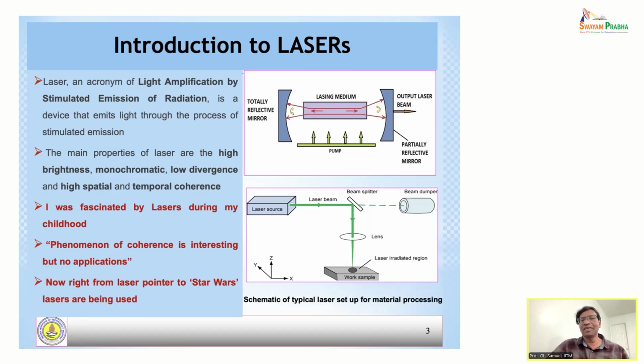They can travel a long distance, and we can also have high laser power. Even the pointer we use during a presentation is a laser, and you can have lasers that can heat up even celestial bodies. That much is the power range.